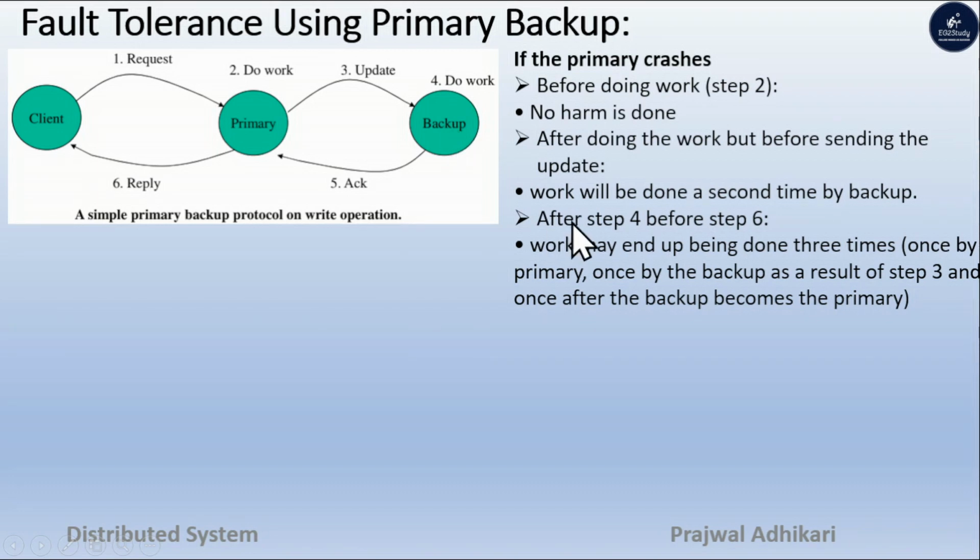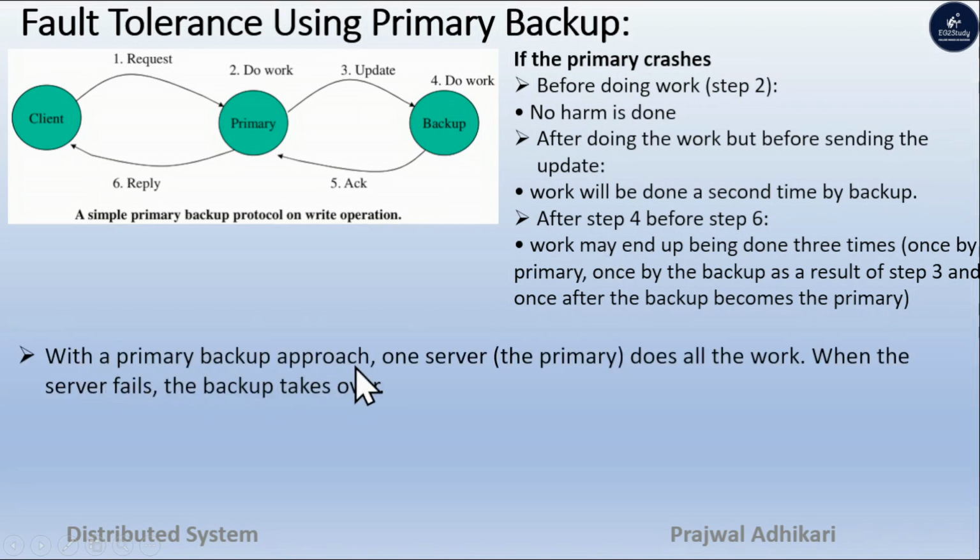If it crashes after step 4 and before step 6, then work may end up being done 3 times: once by the primary, once by the backup as the result of step 3, and once after the backup becomes primary.